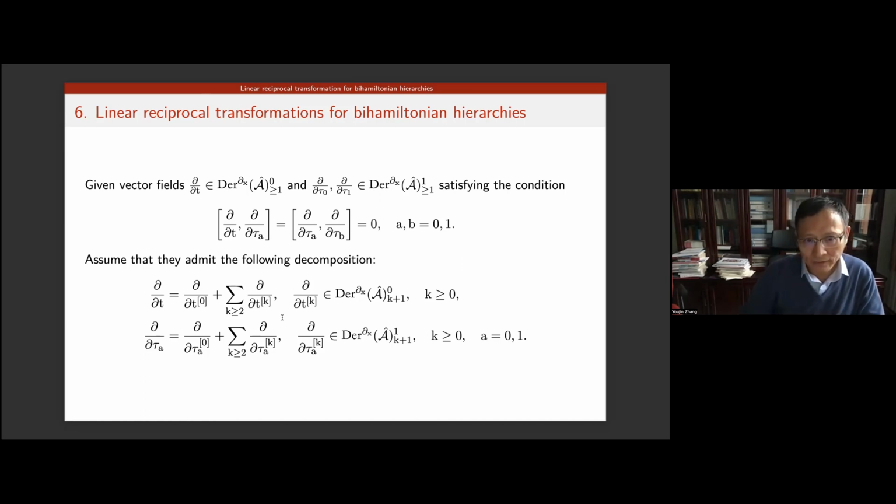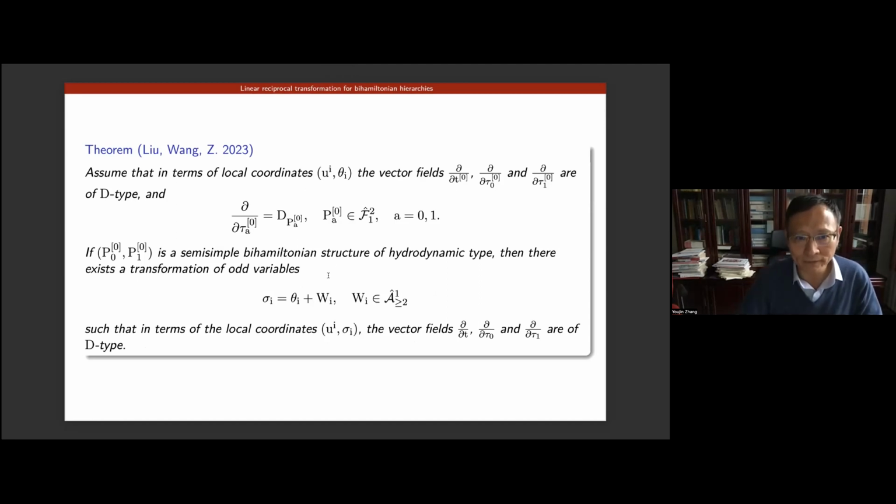Then we have a theorem. Assume that in terms of the local coordinates ui and theta I, these derivations have as leading terms a bihamiltonian vector field and bihamiltonian structures of hydrodynamic type. This means they correspond to a semisimple bihamiltonian structure of hydrodynamic type and a Hamiltonian vector field of hydrodynamic type.